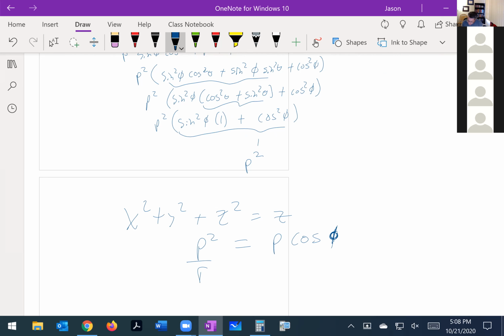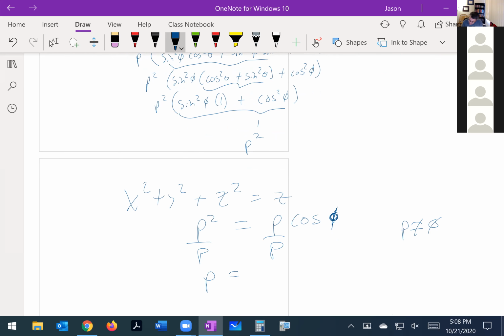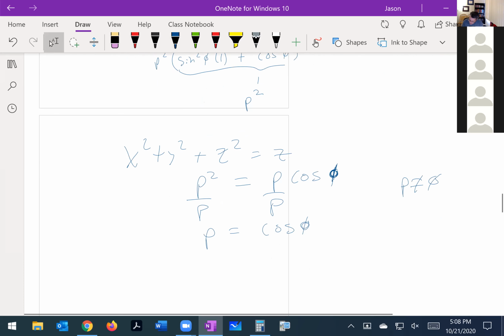Well, I could divide by rho as long as rho is not equal to 0. And I could say rho is equal to cosine phi. So rho of phi is equal to cosine of phi. That's the equation in spherical coordinates. That's the equation of my sphere.